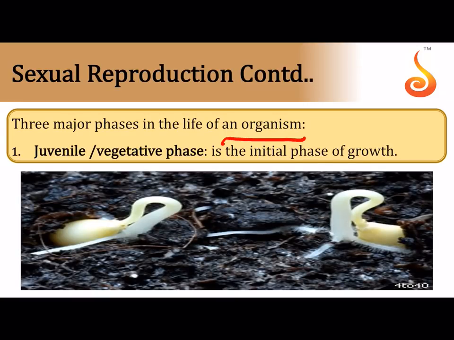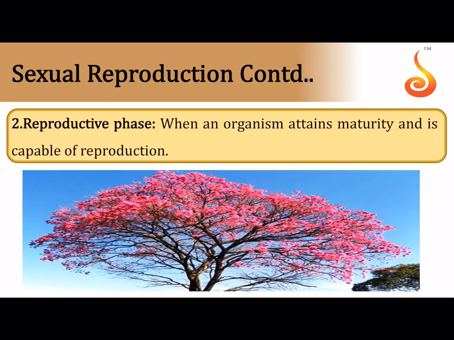So like I said, in the juvenile phase, there is initial phase of growth and maturity, like when the plant emerges from the seed, becomes a sapling, becomes a young plant, spends a lot of time in growing in its size, isn't it? Then see how the tree has attained flowering. The plant starts flowering. That means the plant has become capable of reproduction. It is now in its reproductive phase.